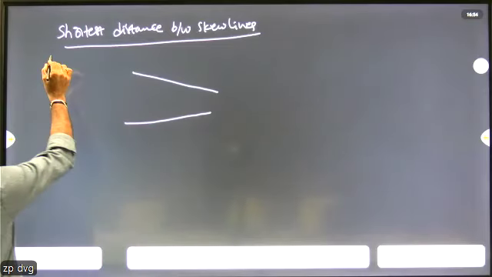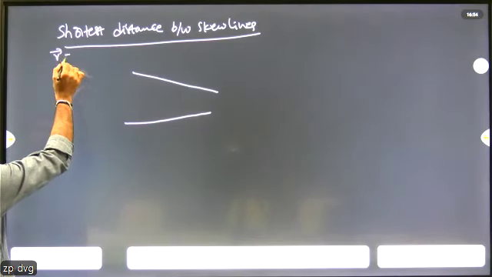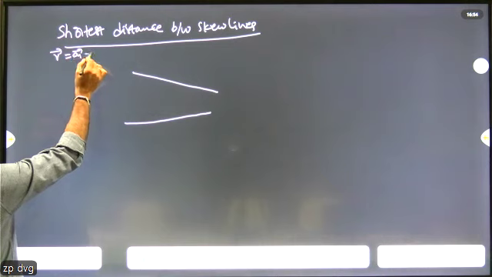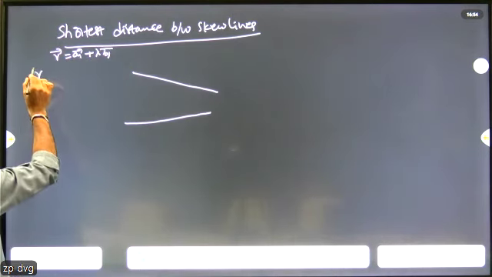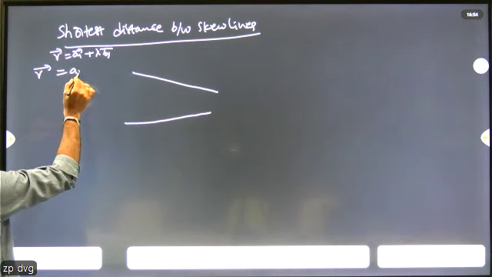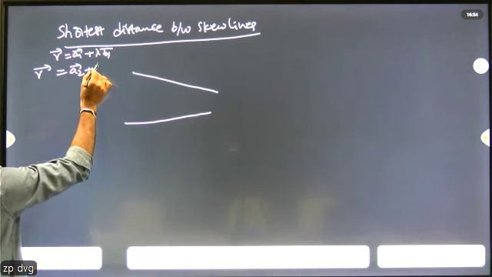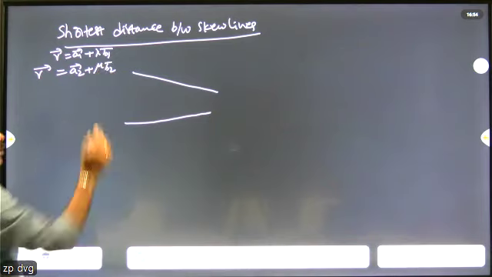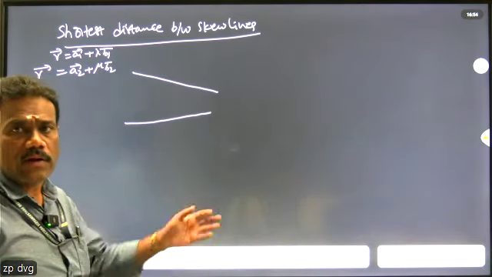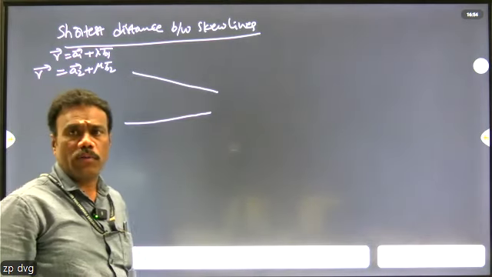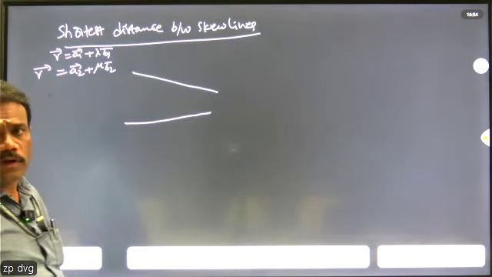One line is r bar is equal to a1 bar plus lambda b1 bar, and the second line is r bar is equal to a2 bar plus mu b2 bar. These are two skew lines.